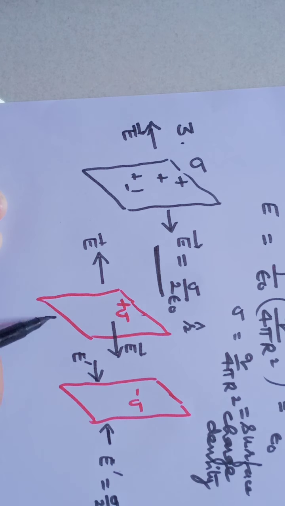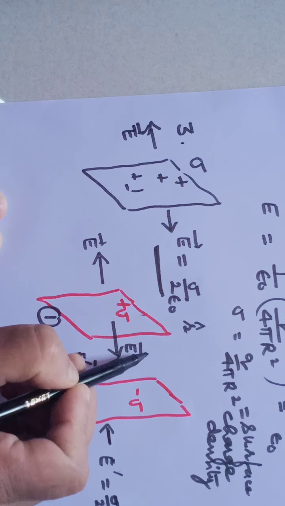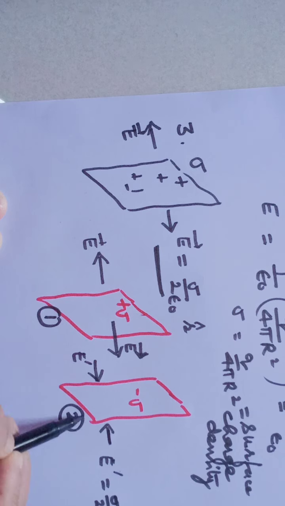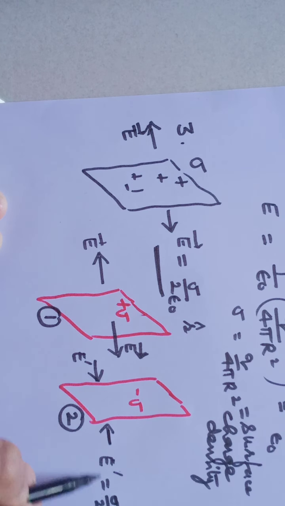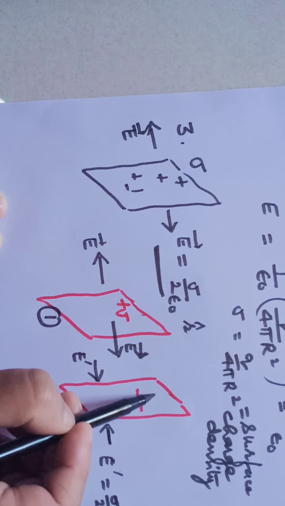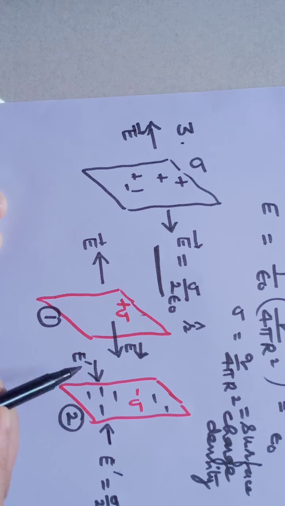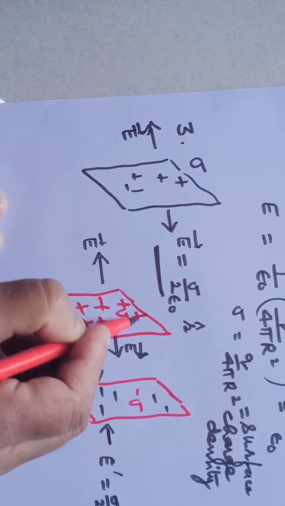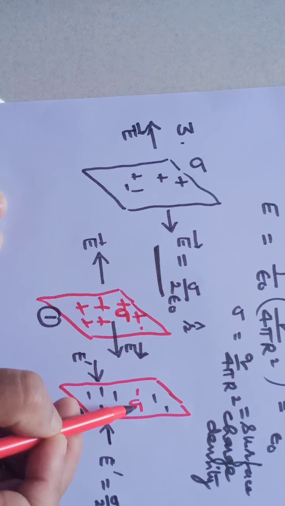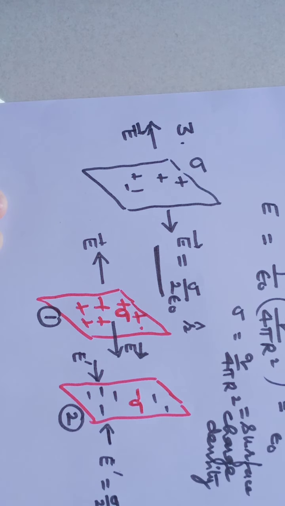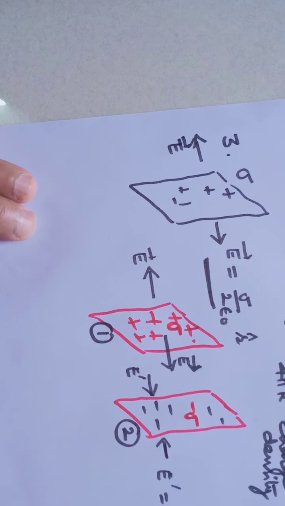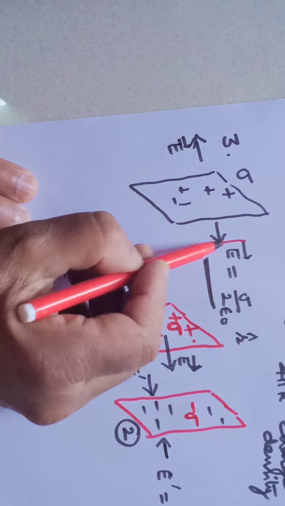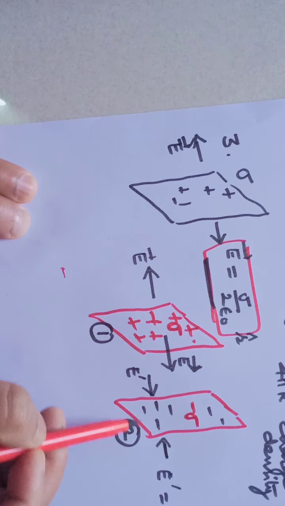For plate 1, the electric field will be outward. For plate 2, the electric field is inward because it is having negative charges, and this is having positive charges, but the charge density has the same magnitude. So the value will be same, only the direction differs.